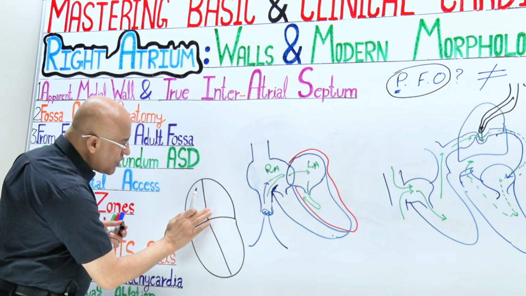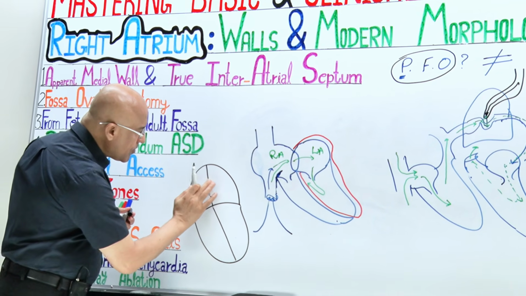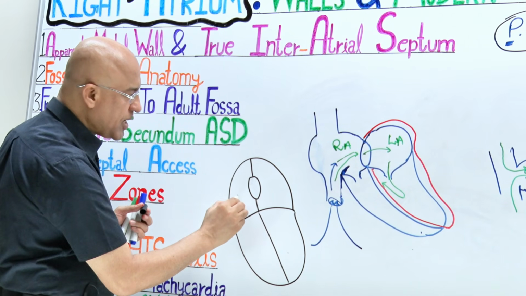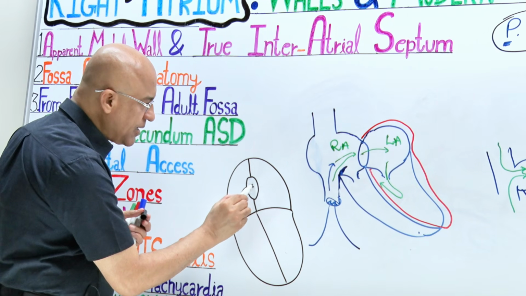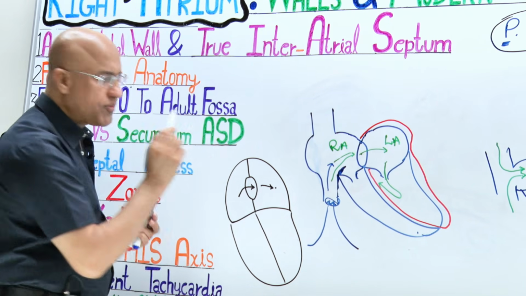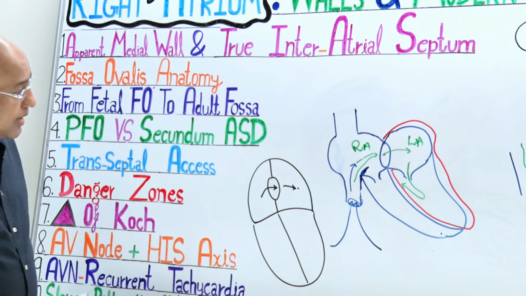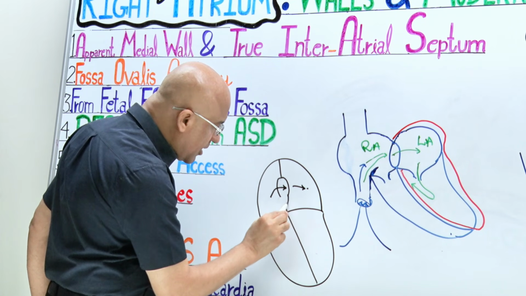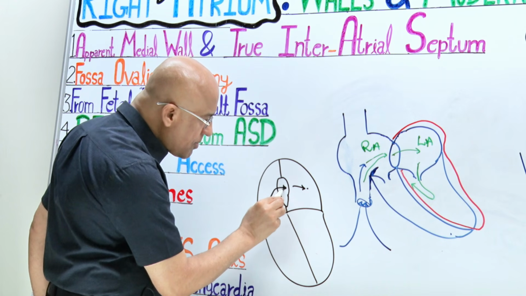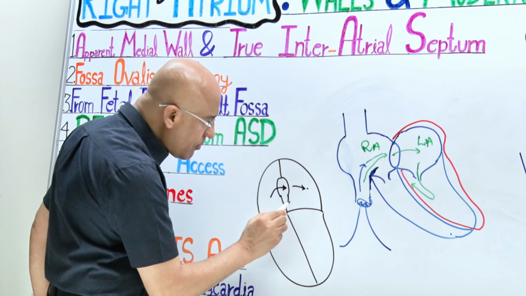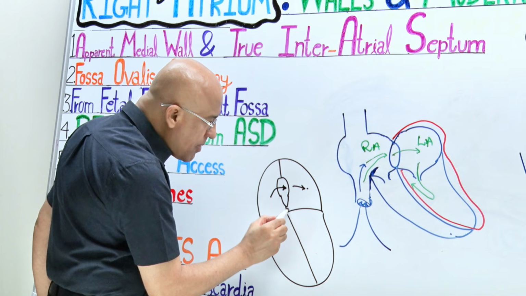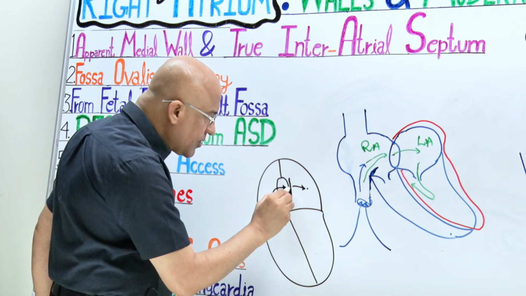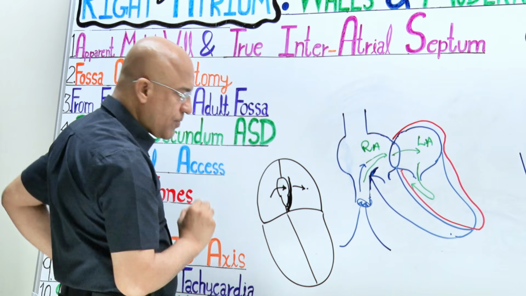Now, here is the foramen ovale. From here blood can go from the right side to the left side. Here there is a flap, okay, I will make it a little downward, yes. This foramen ovale has a membrane-like structure that develops over here and partially covers it.